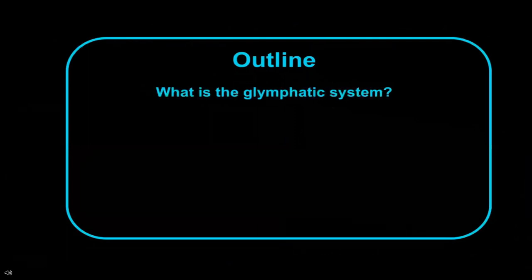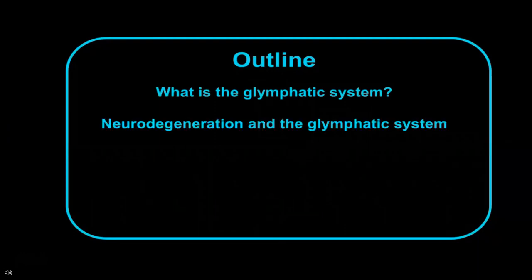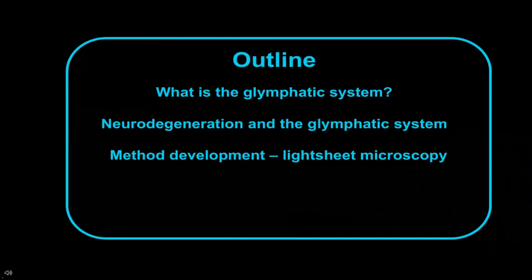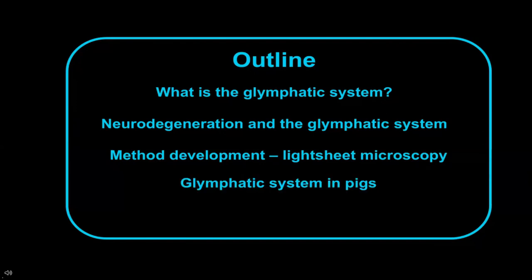All right, so today I will be talking about what the glymphatic system is, a little bit about why we think the glymphatic system is important in relation to neurodegeneration, then about our appropriation of light sheet microscopy and some data using light sheet microscopy that we use to study the glymphatic system in pigs.